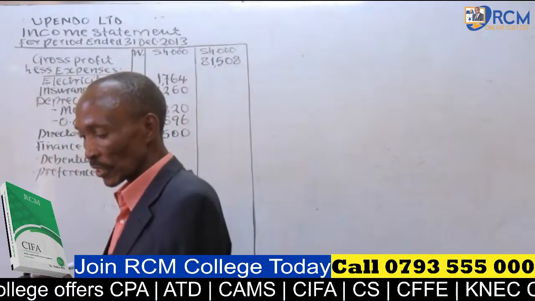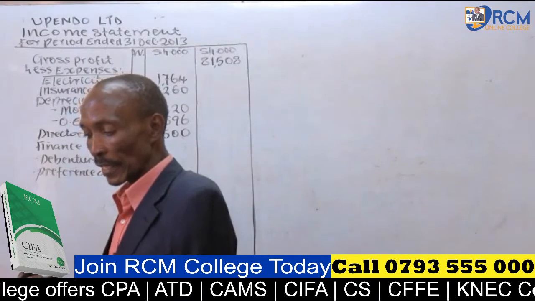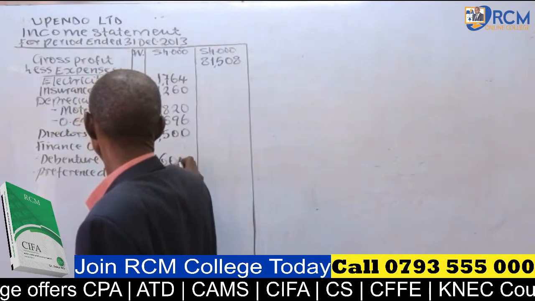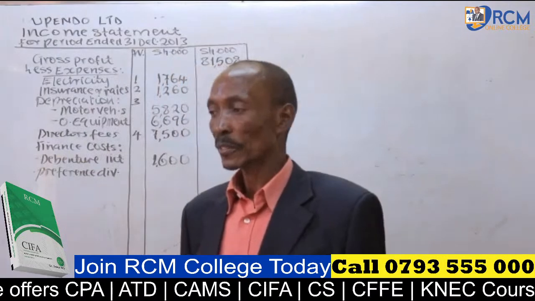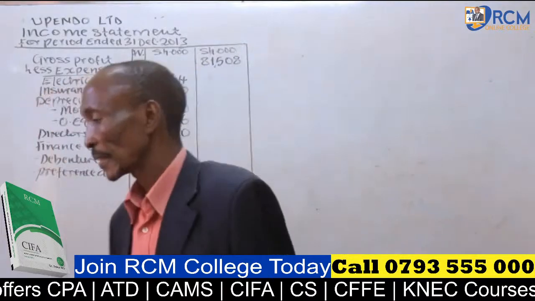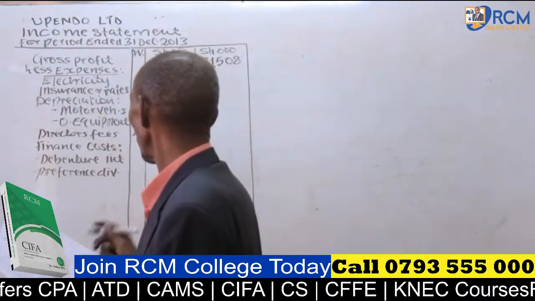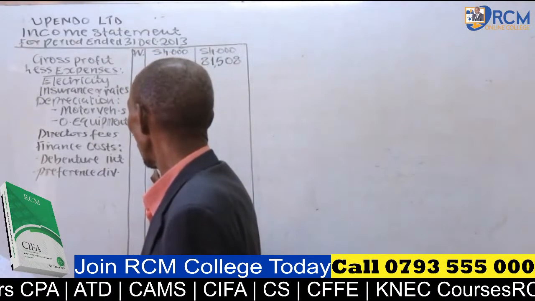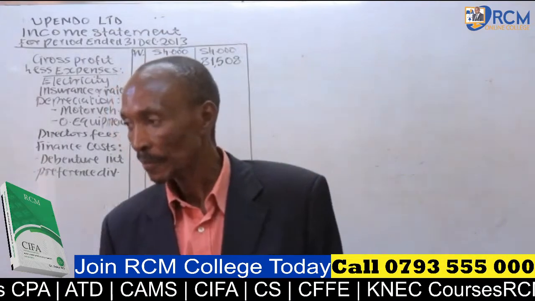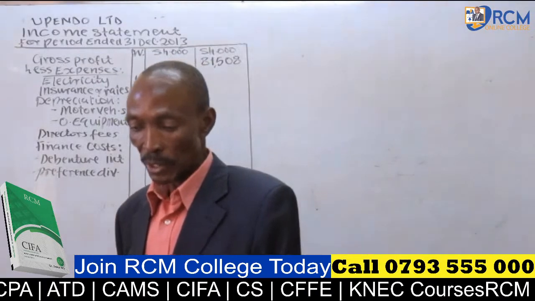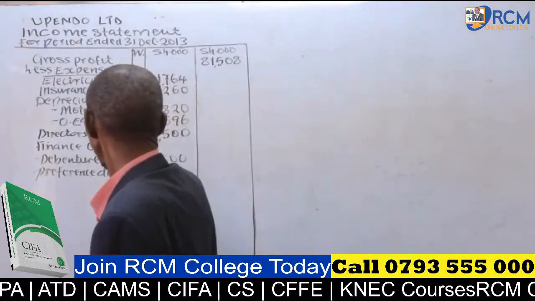Now the debenture interest we worked out to 800 times 2, that is 1600. When you're recording an expense, we're using the accrual principle. You record the full amount of that expense, regardless of what portion was paid. It should cover the whole year. Then for the preference dividend, we have taken 8% and got 3,200.